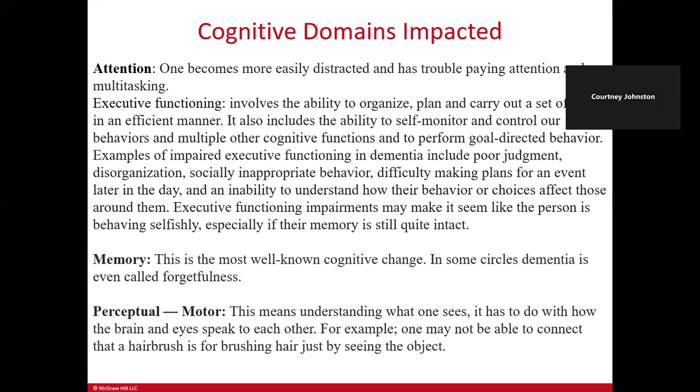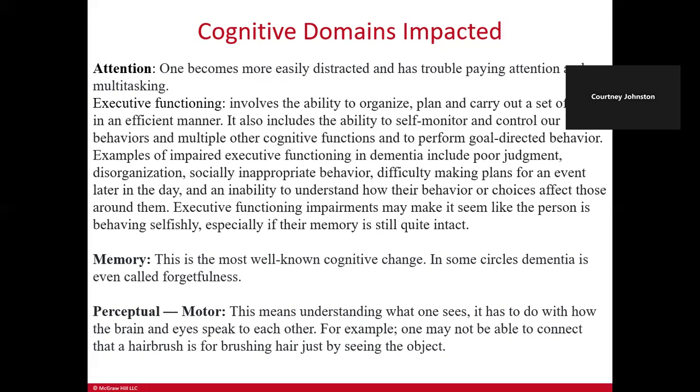So some examples of how somebody's executive functioning may be impaired include poor judgment, being disorganized, acting inappropriately in social instances, not being able to make plans for something that might happen later in the day or at a later time, and not understanding how their behavior affects other people around them. This might make it seem like the person is behaving selfishly, especially if their memory is still quite intact.